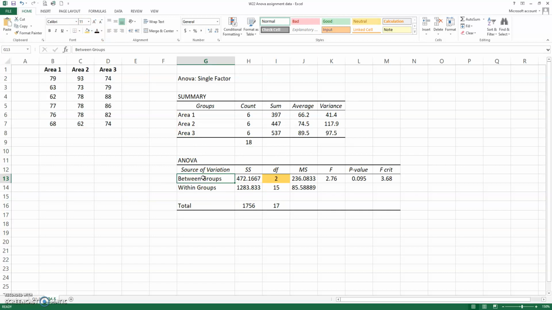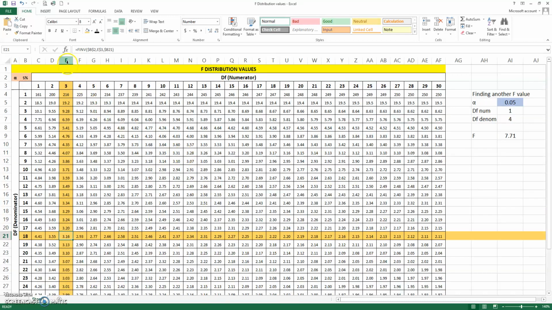This is also known as treatments, and this is also known as errors. It has n minus k degrees of freedom for the denominator, so 18 minus 3 gives us 15 degrees of freedom. Using the degrees of freedom and level of alpha, we can go back to our F distribution chart.